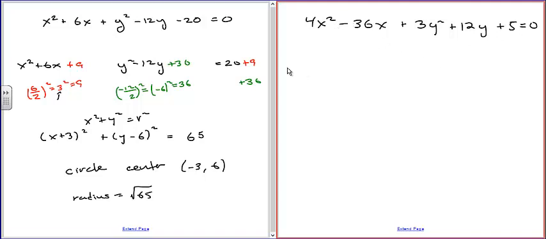So again, what we're going to do is we're going to separate out the two terms that involve x and the ones that involve y. We'll move the 5 to the other side. It becomes -5.